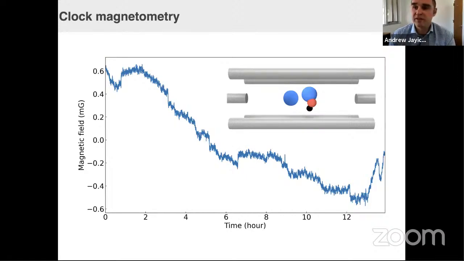I just want to point out briefly that a precision measurement with this kind of setup is interesting because we can use this co-trapped atom, during our spin processing time for example, to really precisely measure the magnetic field.